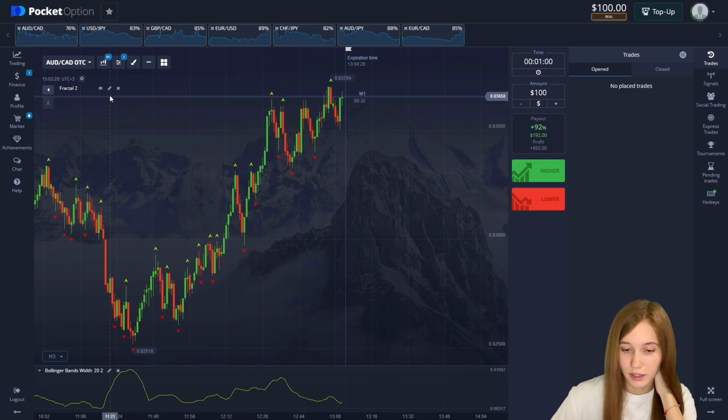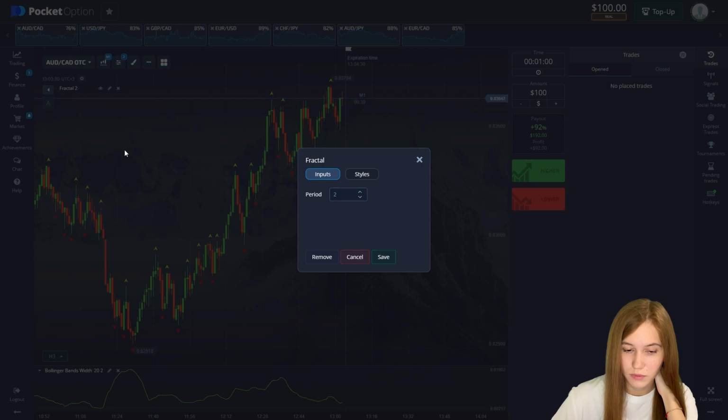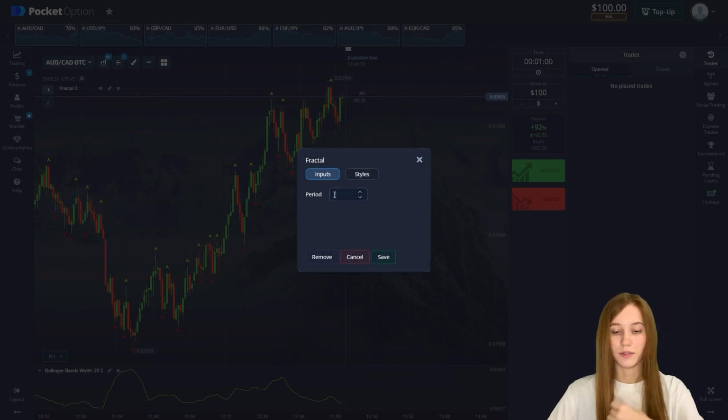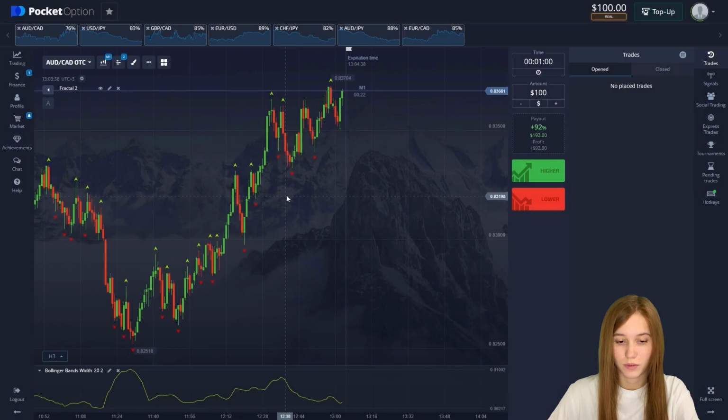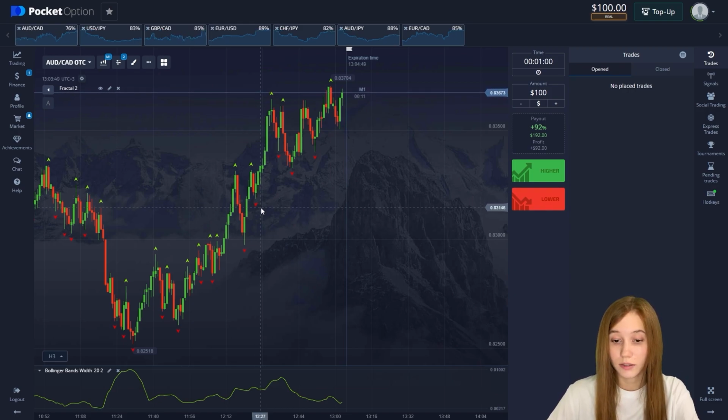So the second is fractal. You can use these settings also. So this is fractal.